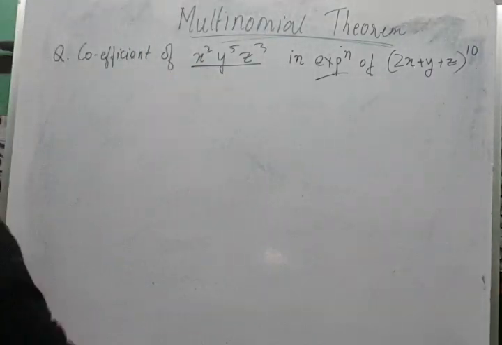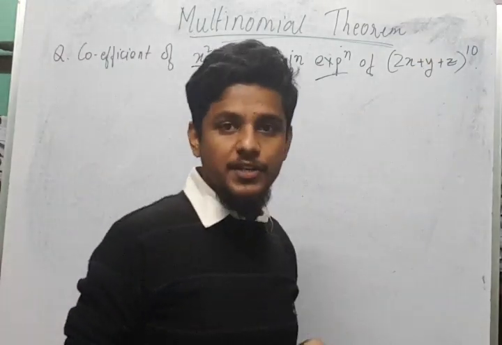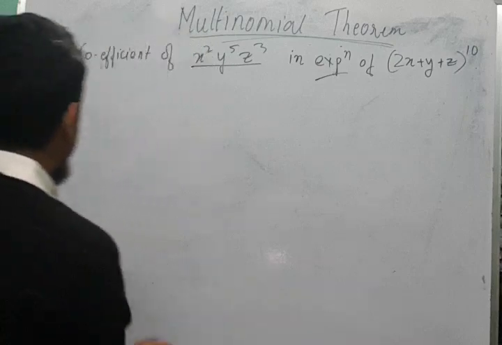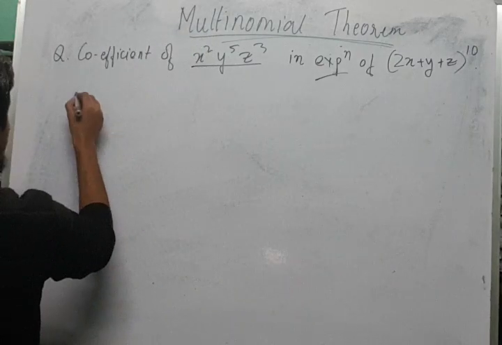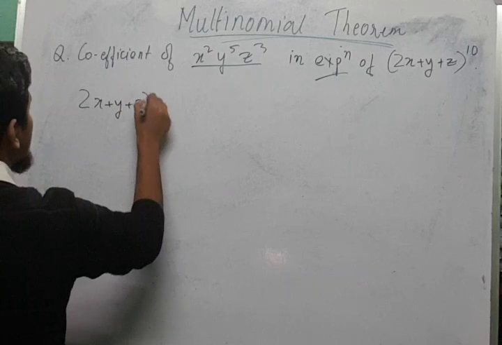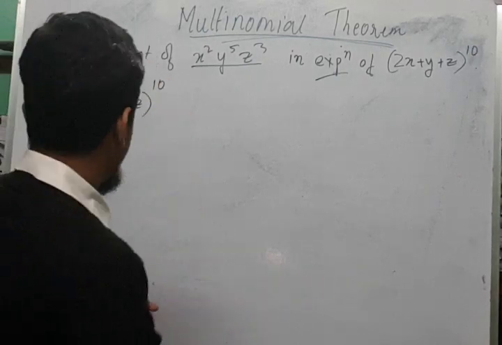So let's proceed. First of all, let us find the general term in the series of (2x + y + z) to the power 10. So let me write it down. (2x + y + z) to the power 10. What does this come down to?